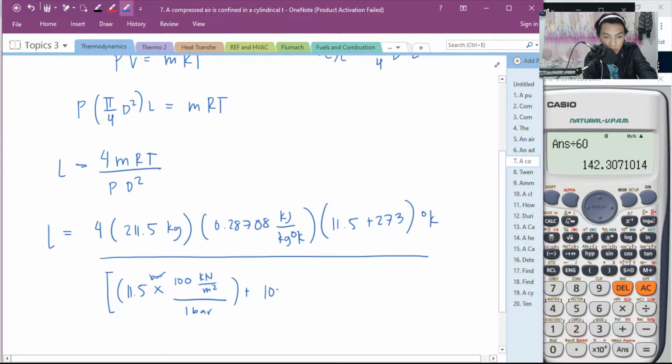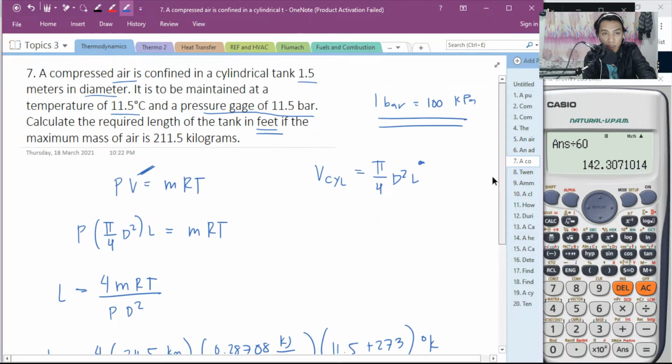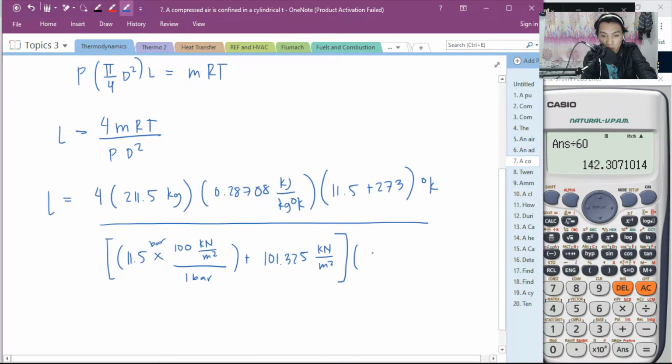Atmospheric, 101.325 kilonewton per meter squared, multiplied to D squared. Ano yung given dyan na diameter? That is 1.5 meters squared. O, di isang pindutan lang sa calcu, alam mo na kagad lahat ng values.